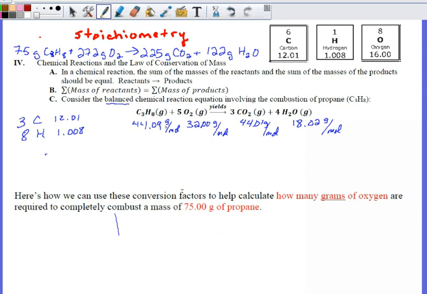First you balance it, and you calculate your molar masses for each species, and that's a very important thing to do. Now, when you're just calculating molar mass, you do not multiply by the coefficient that's in front, the part that makes the equation balanced. That's for something else later.